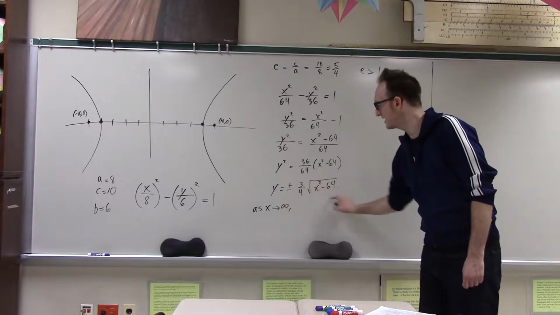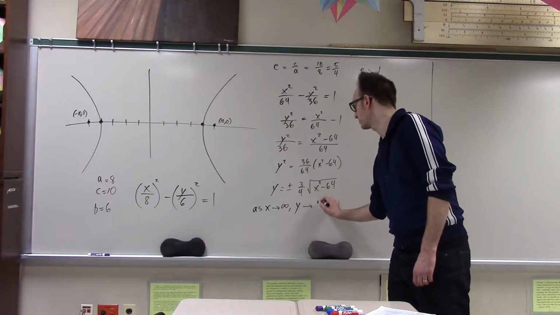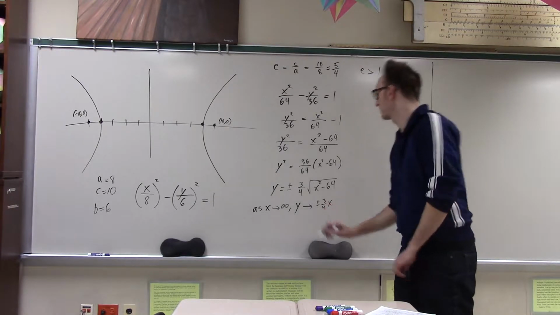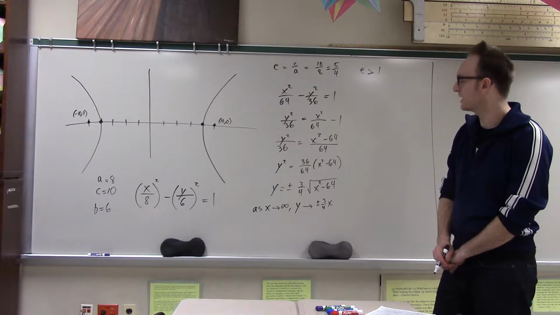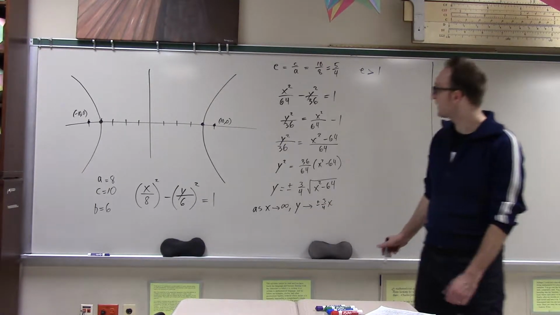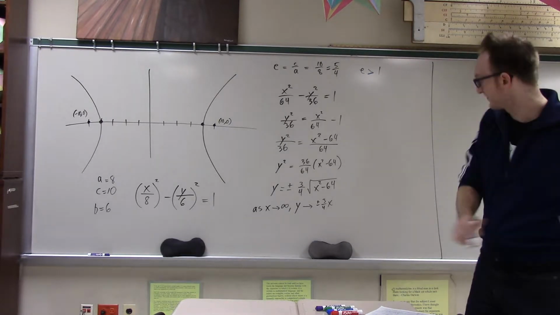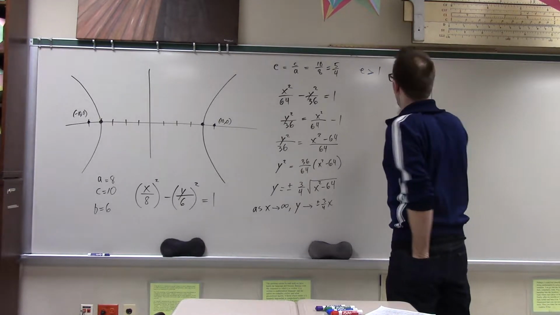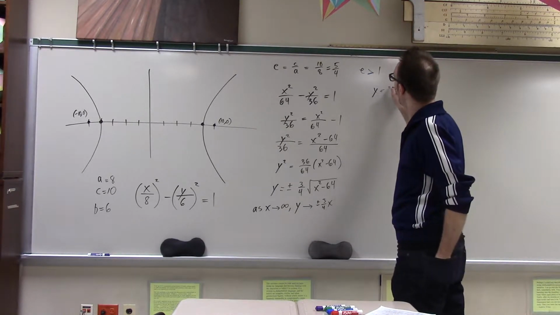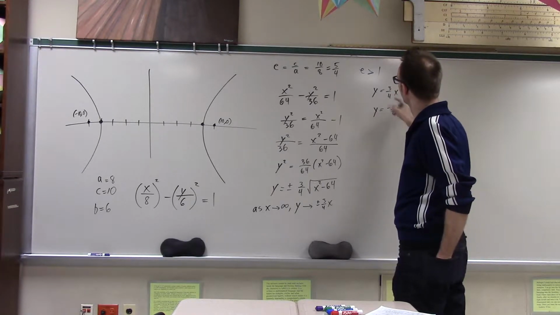So the inside of that radical is basically just x. So y is getting really close to plus or minus 3/4 x, which is another way of saying that if you plug in a really large x value, your y value is about 3/4 times that. Another way of saying that is that this hyperbola has asymptotes, and those asymptotes are y equals 3/4 x and y equals negative 3/4 x.